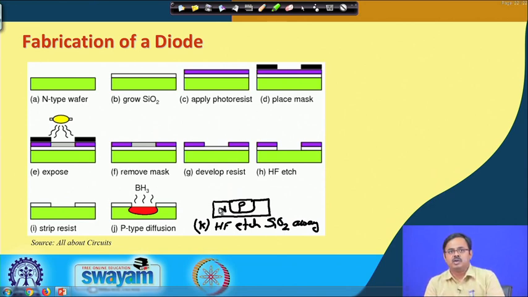And instead of diffusing in boron or a compound of boron, we are going to diffuse a compound of phosphorus. And what we are going to end up with is an N followed by a P and again an N, NPN, and that is a transistor.